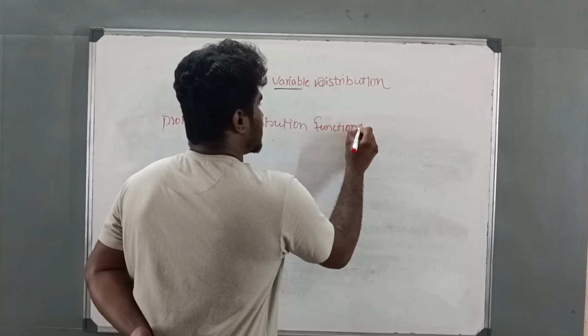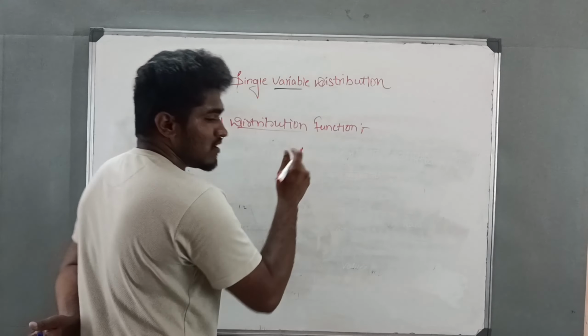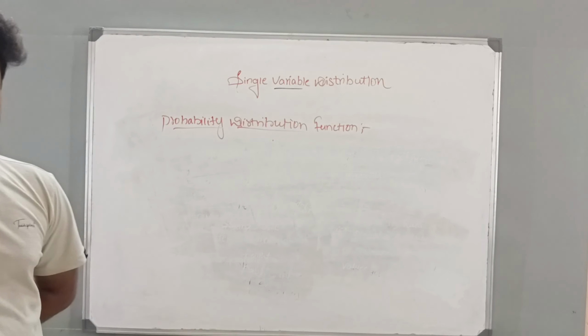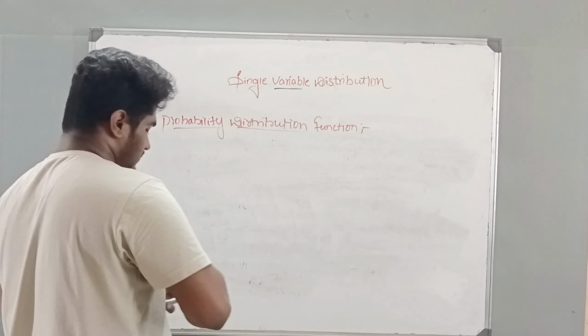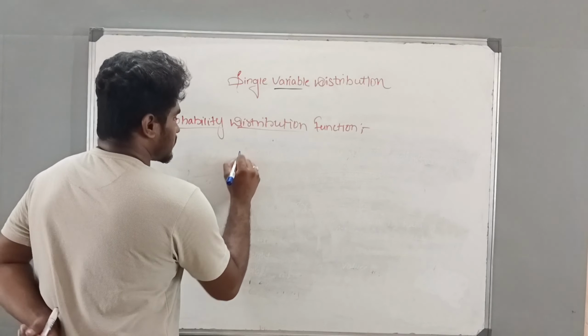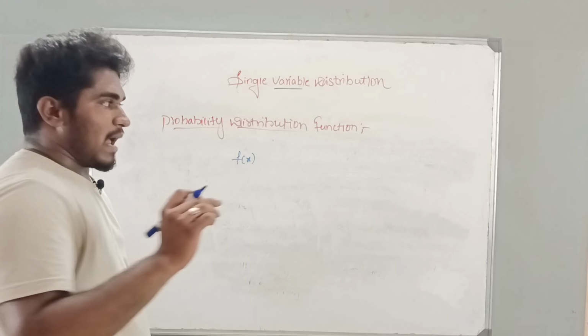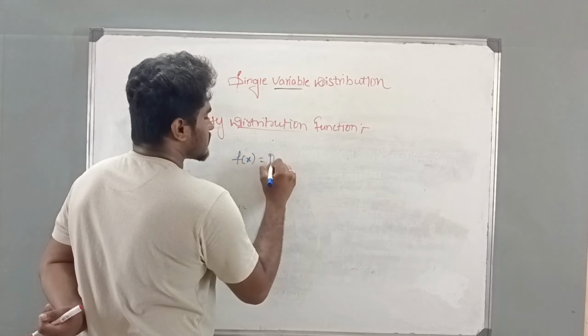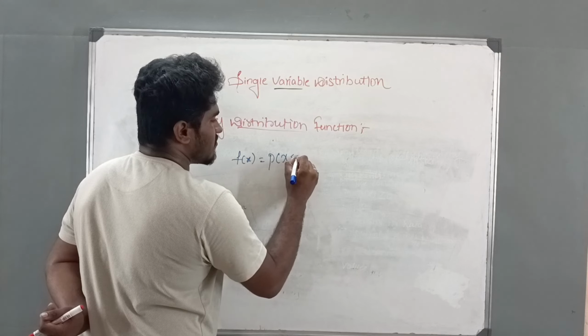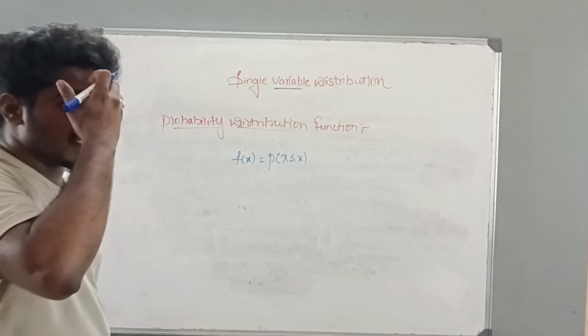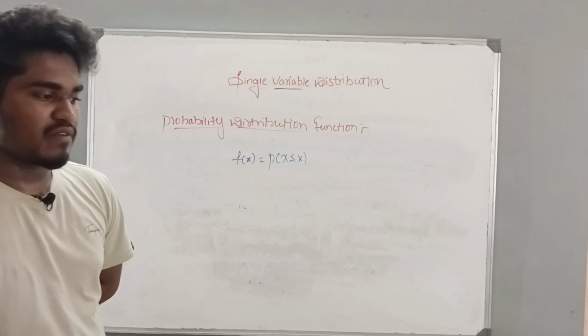So the probability distribution function f of x equals p of capital X less than or equal to small x. This is the probability distribution function.